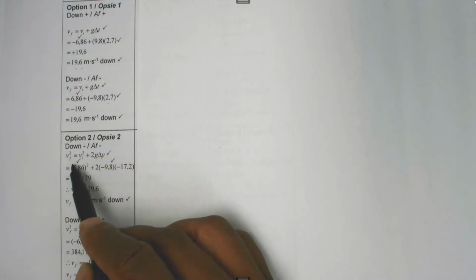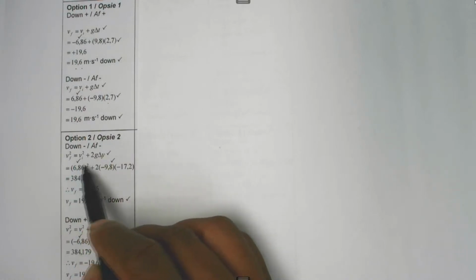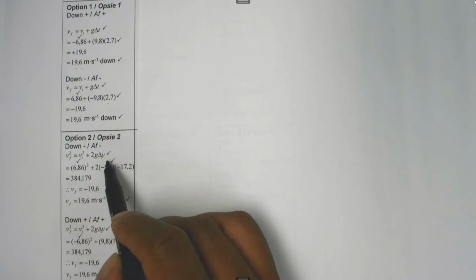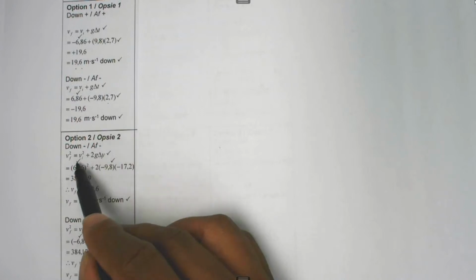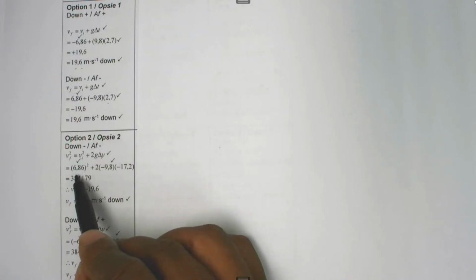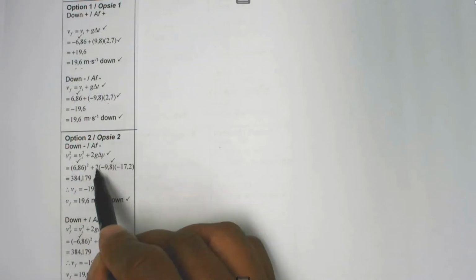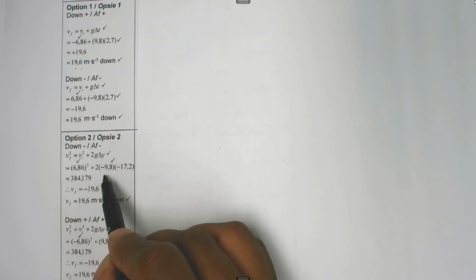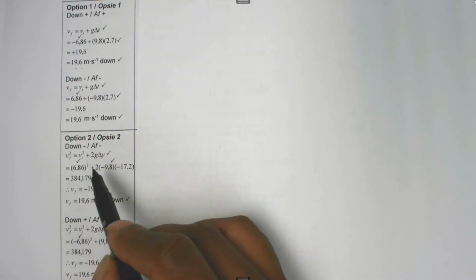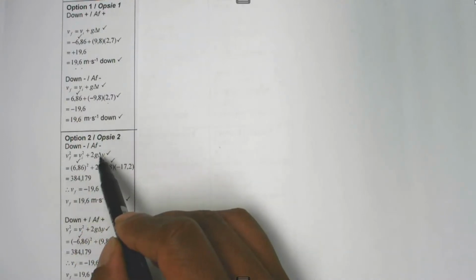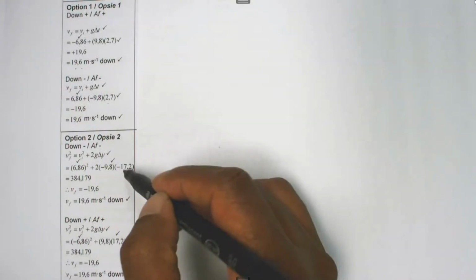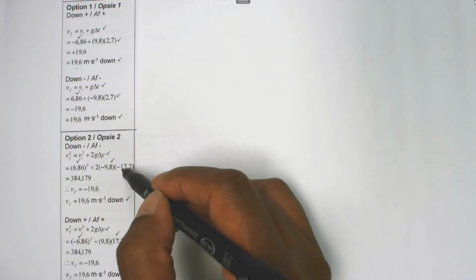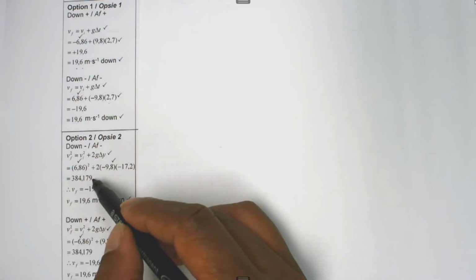We are using V final squared equal to V initial squared plus 2G delta Y. Now initially it was going up. We said up is positive because we said down is negative. So it is going to be 6.86 squared as positive, plus 2, and then G is going to be negative. Now this object, where does it go? Initially it was going up, but now the change in position means it is going to go down finally. So that's why this negative value here. And then from there it gives us this value here.